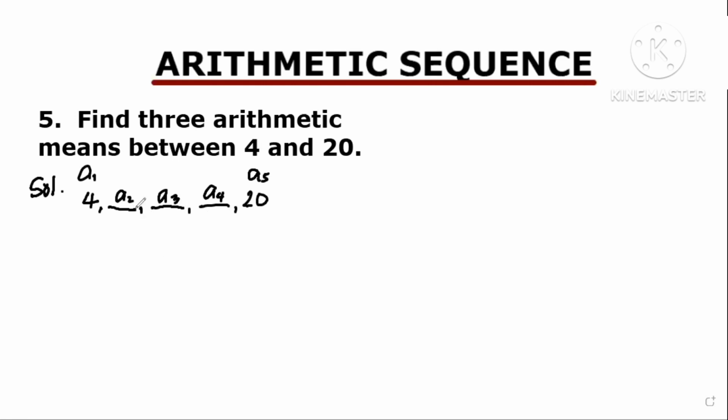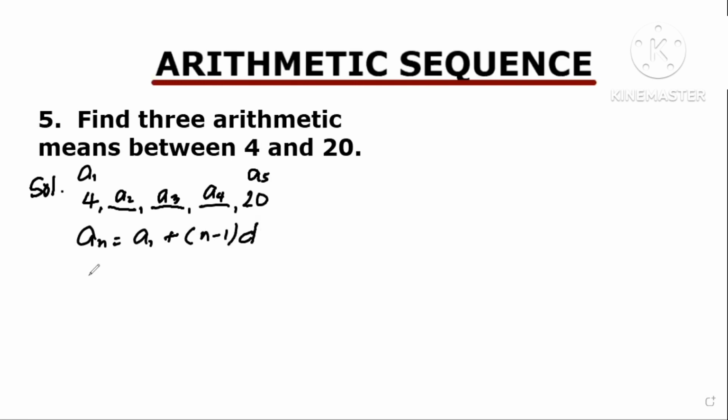But how do we solve for those terms? Madali lang, no? Remember that if we know our d or common difference, then we can determine the succeeding terms after each term. But how do we solve for d? Again, we can use the formula for the nth term of arithmetic sequence, which is a sub n is equal to a sub 1 plus n minus 1 times d.